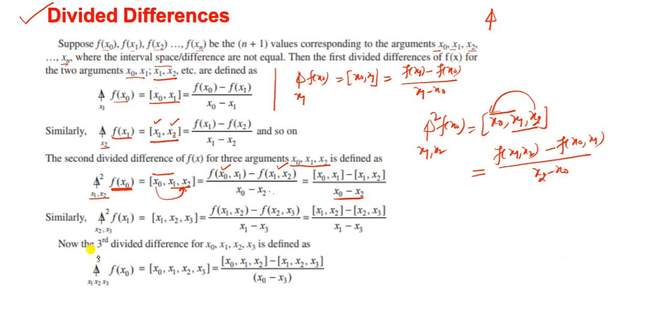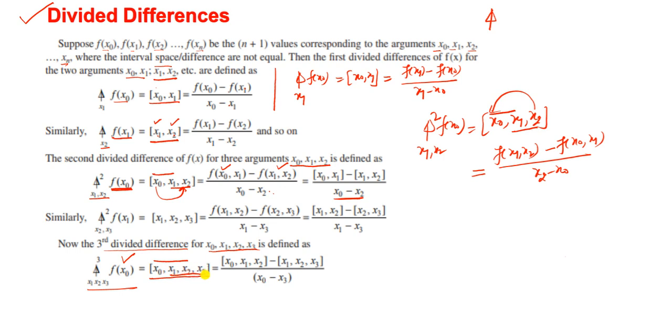The third order divided difference for the arguments x0, x1, x2, x3 is denoted and defined as the third order divided difference of f of x0, x1, x2, x3, and also denoted in square brackets as [x0, x1, x2, x3]. Here we generate two pairs. One contains the three arguments x0, x1, x2 and the second contains the three arguments x1, x2, x3.